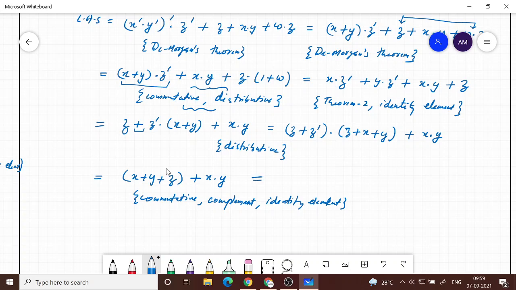Okay, so now again I am changing the order, x plus x dot y plus y dot y plus z.